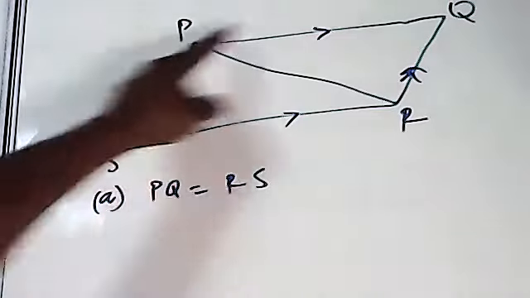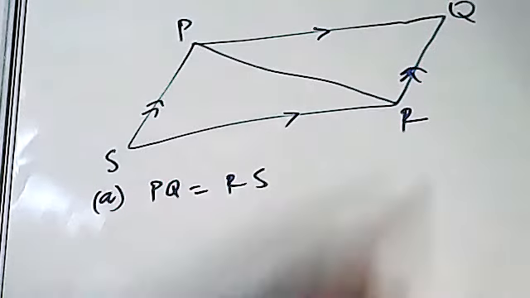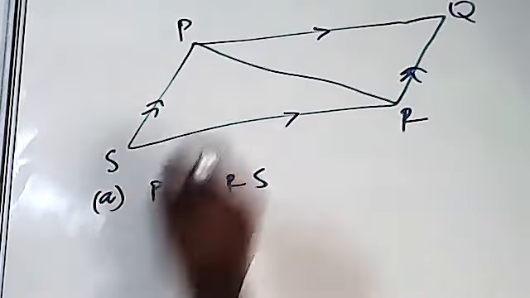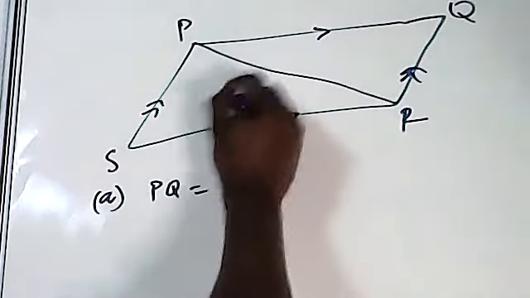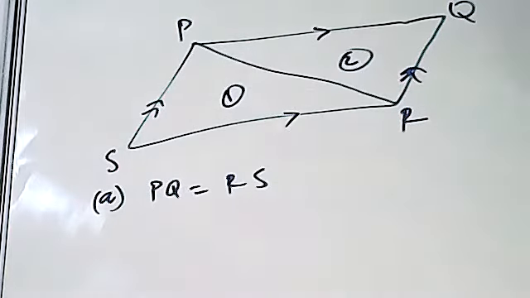When you are supposed to prove that this PQ is equal to this SR, we can utilize those two triangles, right? We have triangle number 1 here, we have triangle number 2 here, right? So the first thing, remember, always when you're dealing with triangles, it's important for you to ensure that you label them correctly.